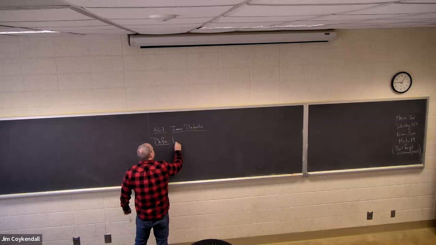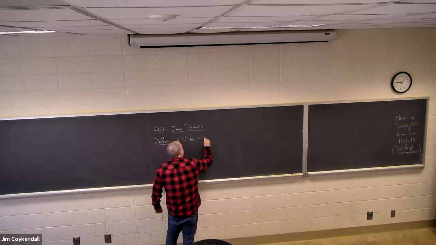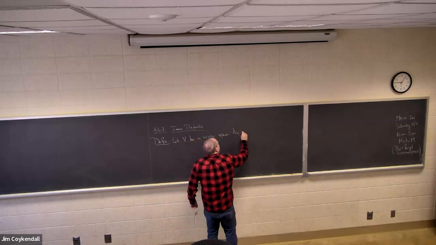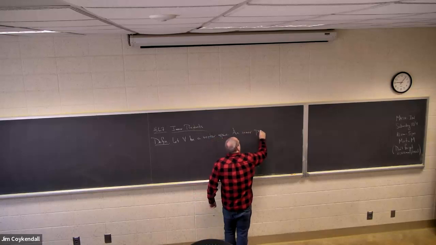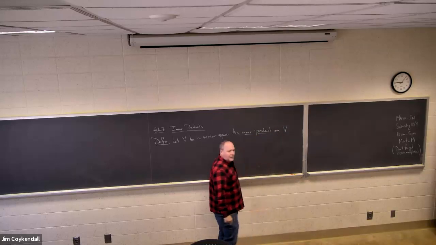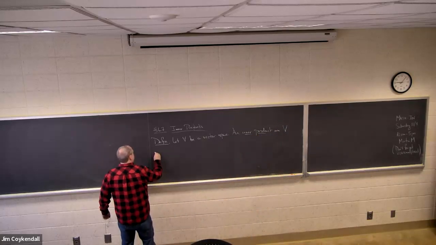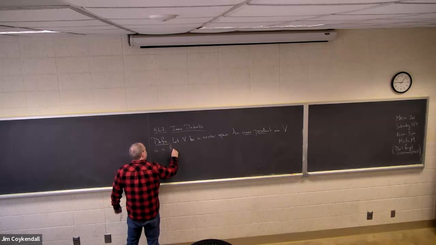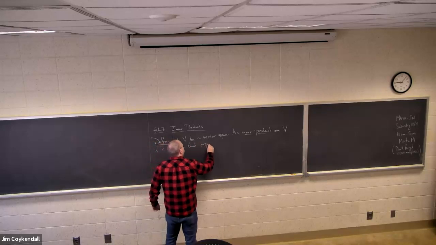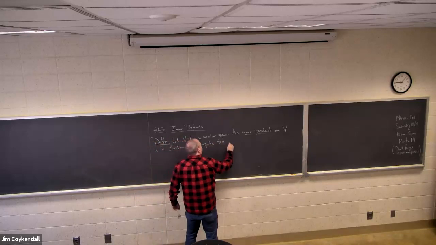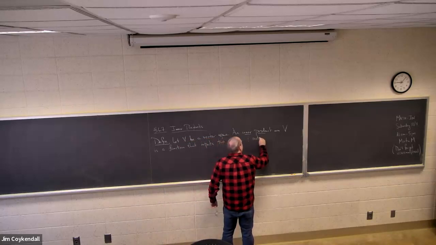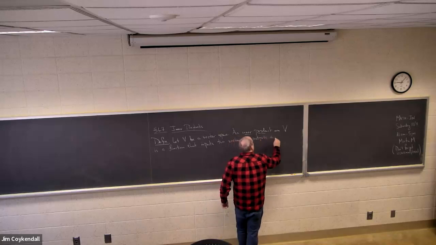Definition. Let me be an inner product of B is a function that inputs two vectors and outputs a real number.